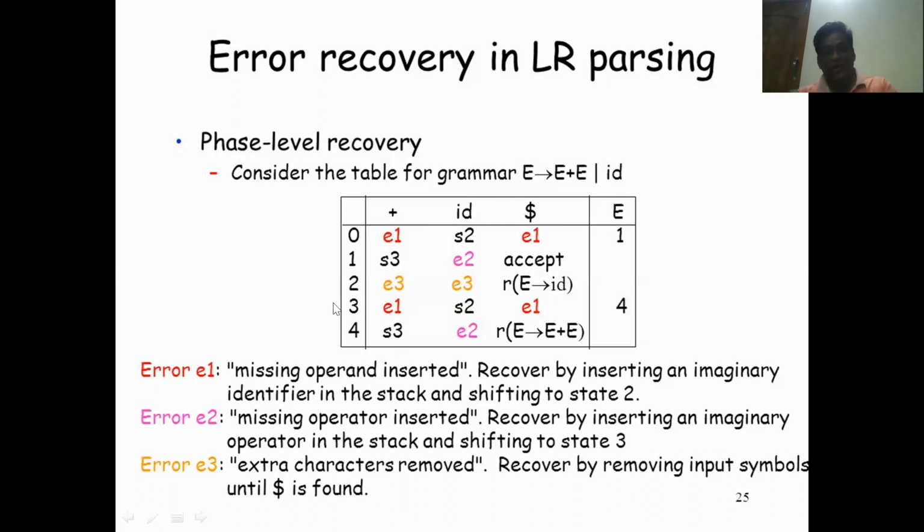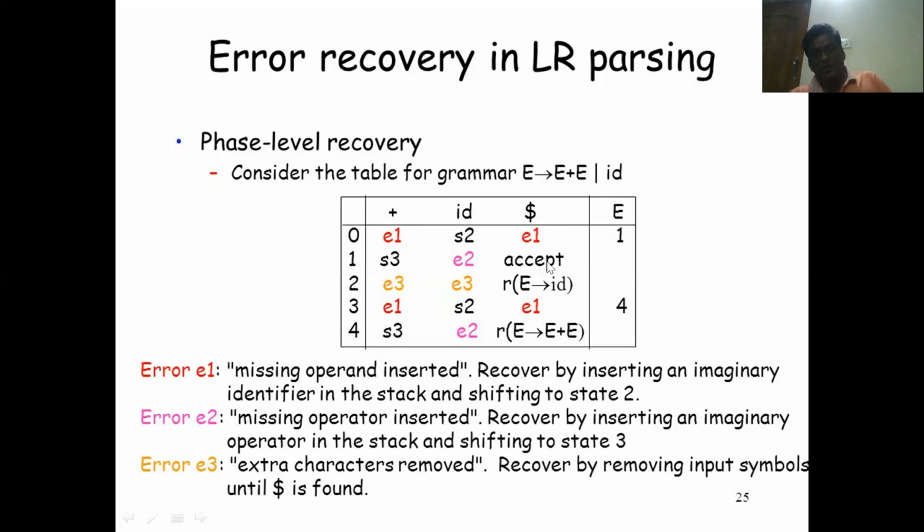Okay. On state 3, if it sees another plus, it is looking for another expression. Therefore, it should start with another operand. Okay, right.